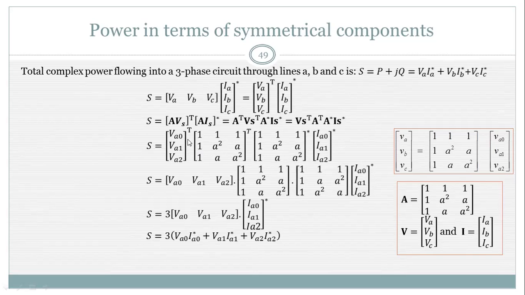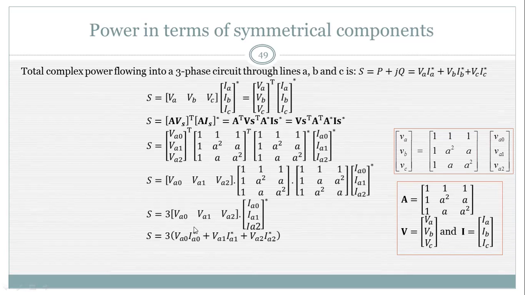This is the symmetrical component of voltage, this is the A matrix transpose, and this is the A conjugate. We have to conjugate this, and this is the symmetrical component of current, obviously conjugated. If we again transpose the column to a row vector, this is the A transpose matrix, this is the conjugate matrix, and this is the symmetrical current component conjugate. We multiply this A matrix with this A conjugate and we get 3, with the symmetrical component of voltage and the current.